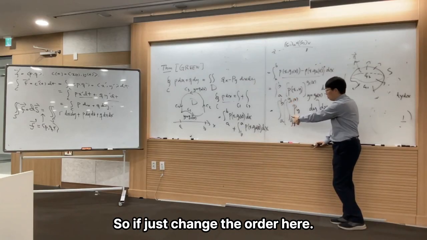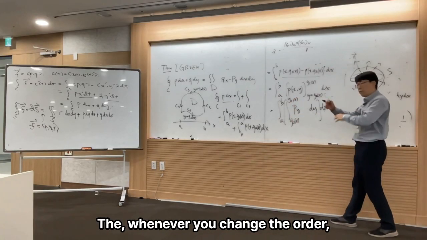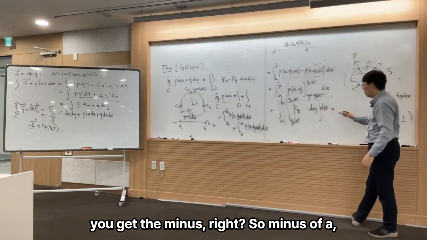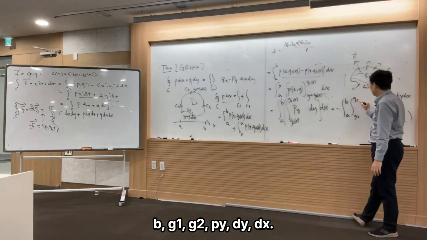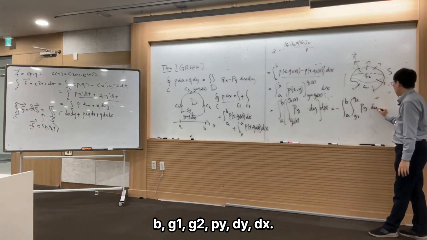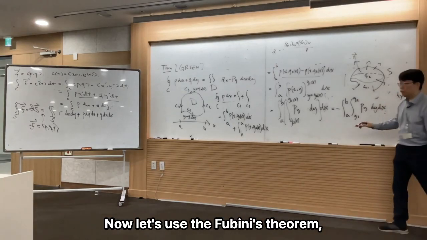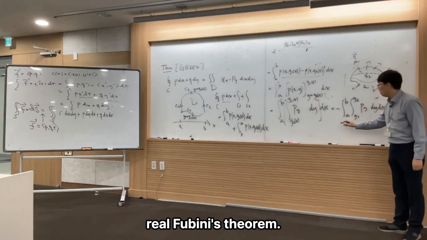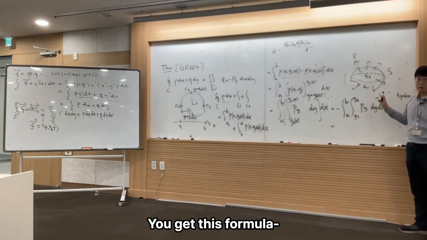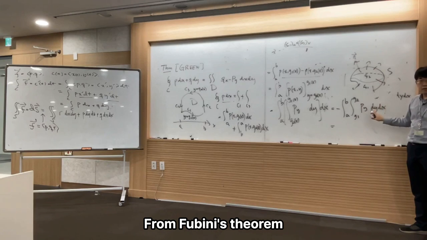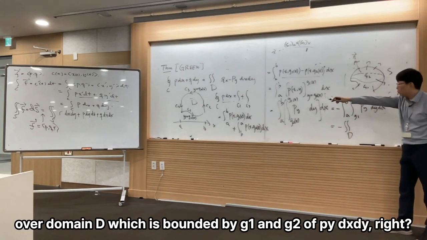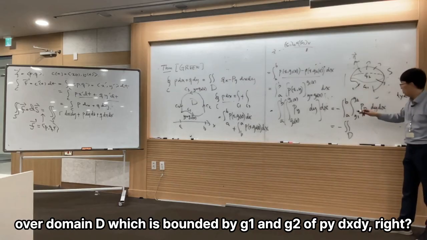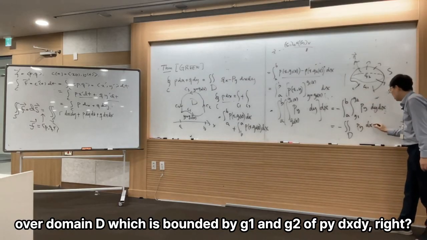Whenever you change the order, you get the minus. So minus the integral from a to b, from g1 to g2, of Py dy dx. Now let's use the Fubini theorem, real Fubini theorem. You get this formula from the Fubini theorem when you take the integral over domain D, which is bounded by g1 and g2, of Py dx dy.